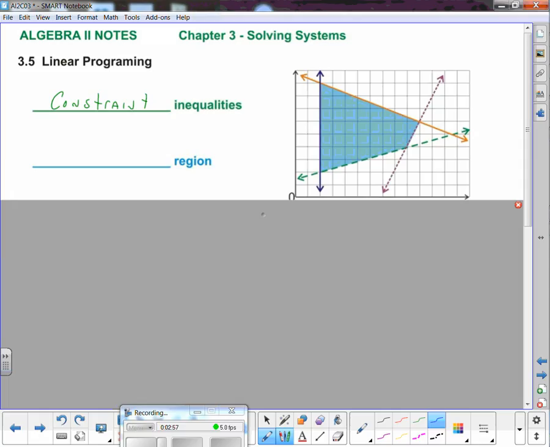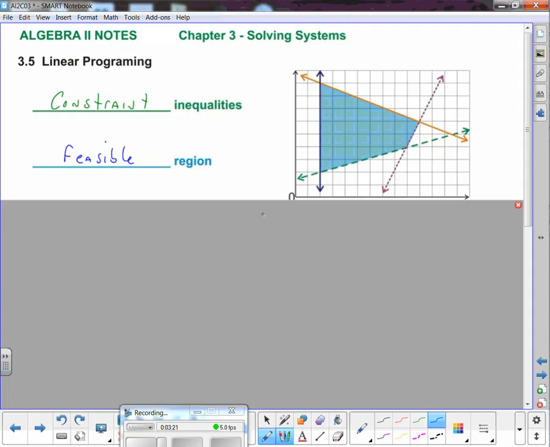We're talking about systems, and you can see in blue there, you've got this region, and this is called the feasible region. So constraint inequalities yield a feasible region.